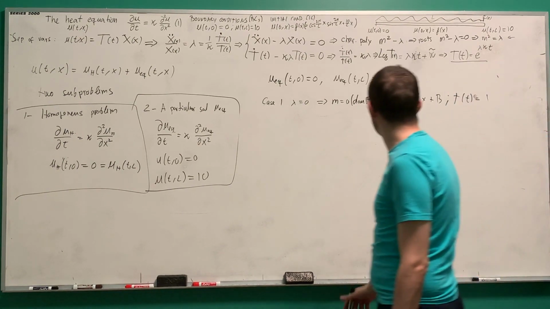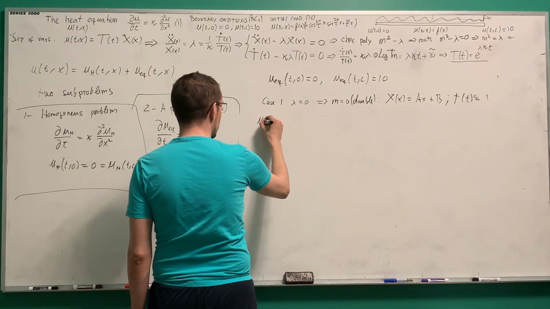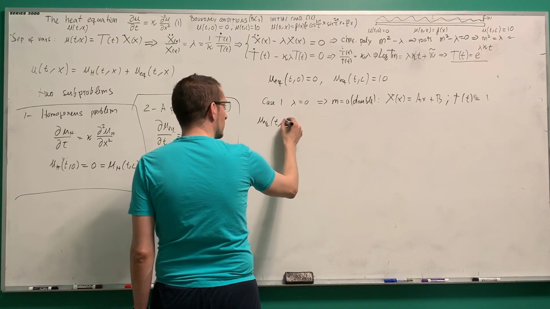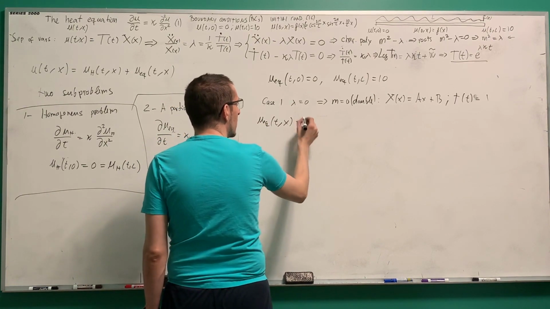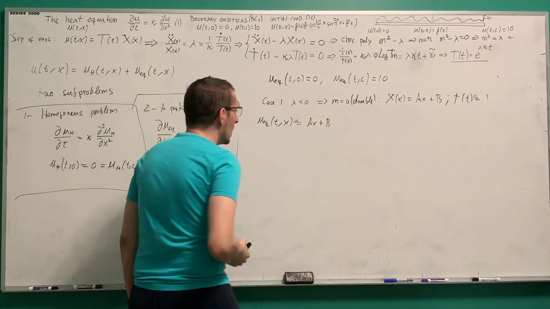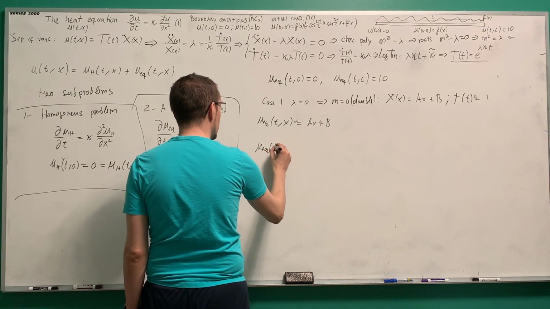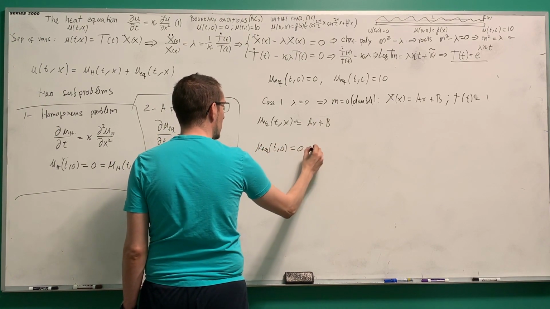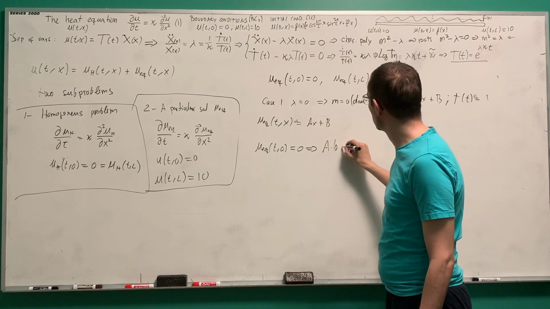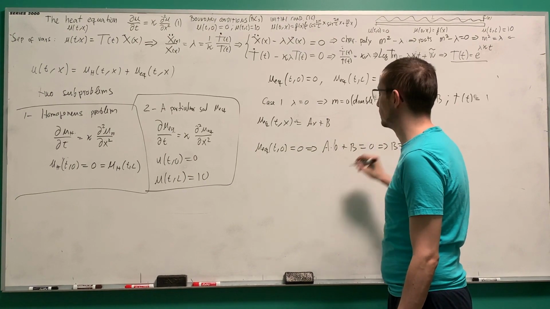All right, so very simple. We impose those conditions. If there are any solutions in case 1, U equilibrium of (t, x) is equal to Ax plus B. Let's impose the conditions then. U(t, 0) is 0. That means that A times 0 plus B equals 0, which means that B is equal to 0.